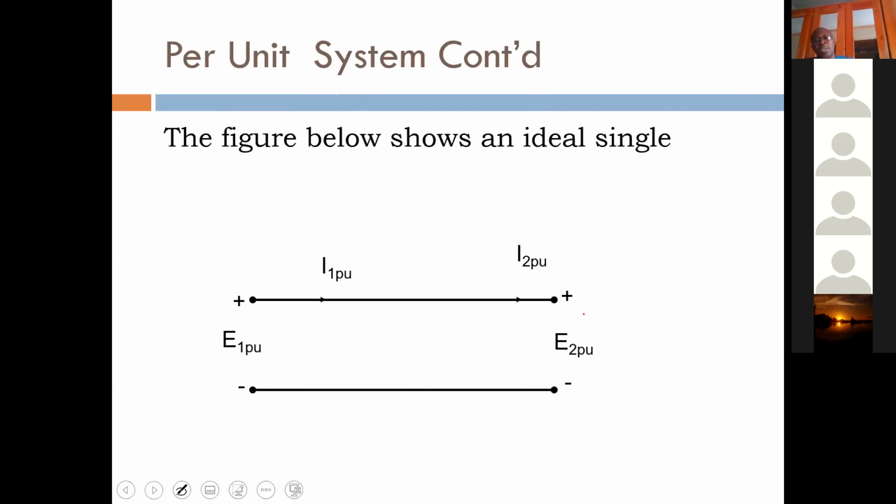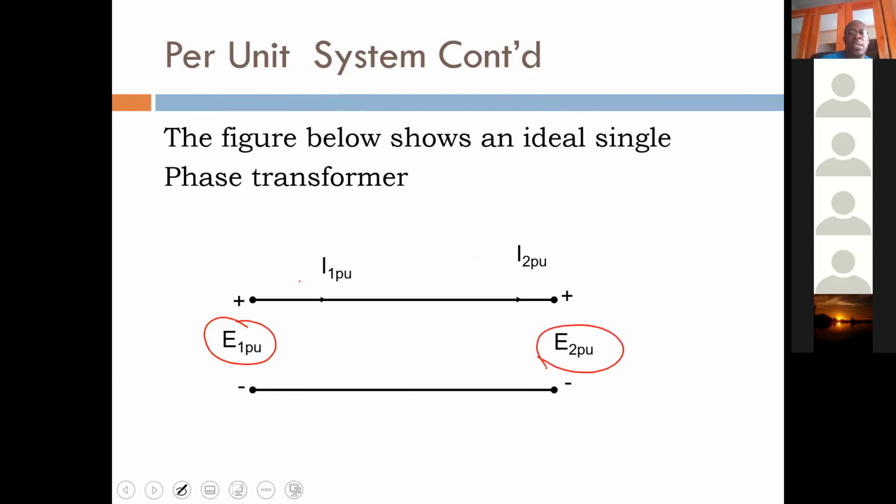So this shows an ideal single phase transformer. Note what we are saying here. An ideal transformer would also mean that there's no voltage drop. So E1 per unit would be equal to E2 per unit.